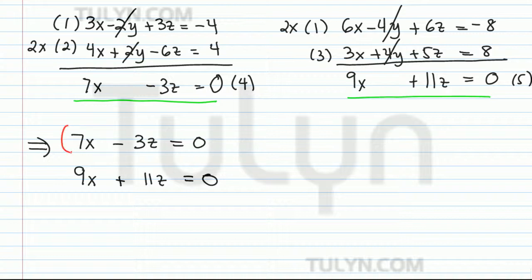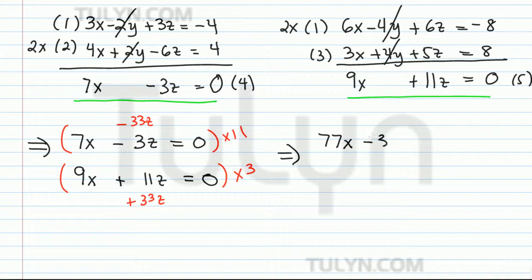If you multiply the top equation by 11 and the bottom equation by 3, then the top coefficient for the z is going to become negative 33z, and the bottom coefficient for the z is going to become plus 33z, which means that the z's are going to cancel out when we add the equations together. So we get 77x minus 33z is equal to 0.